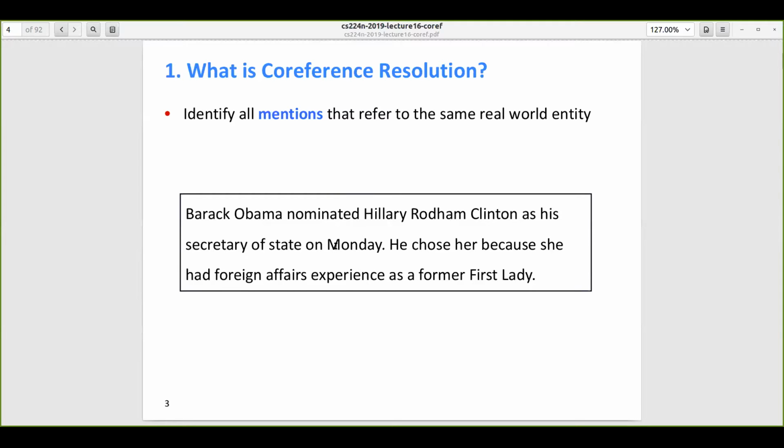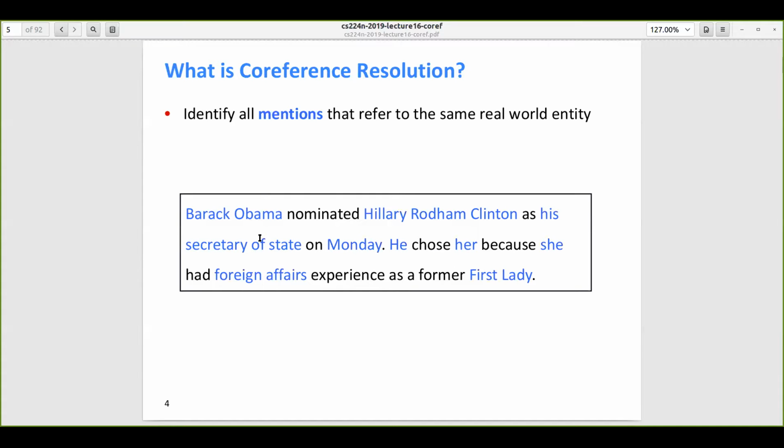These are actually called mentions, and a mention is nothing but a word that refers to some real world entity. Like here, Barack Obama is a mention, and it is referring to some person in real life. Similarly, Hillary Clinton is another mention, and we have several other mentions here. Let's see what they are. So here it is.